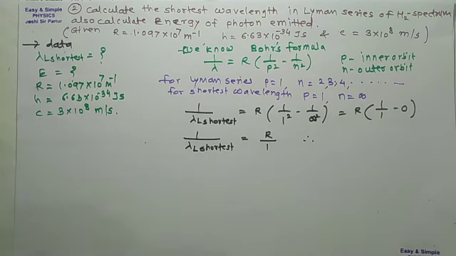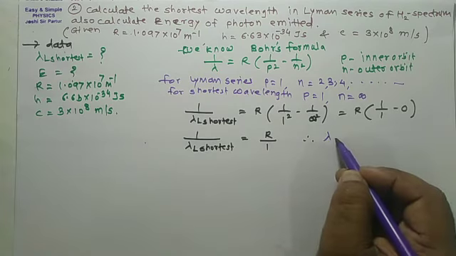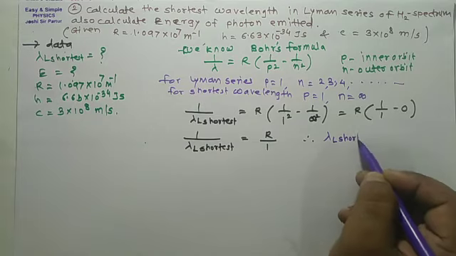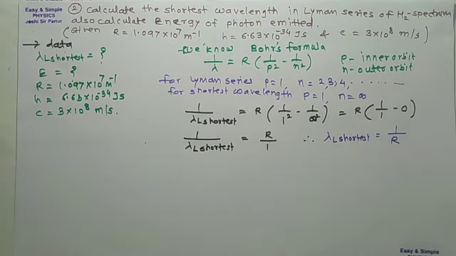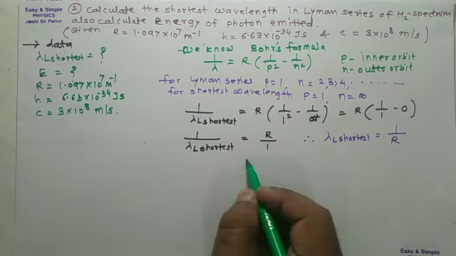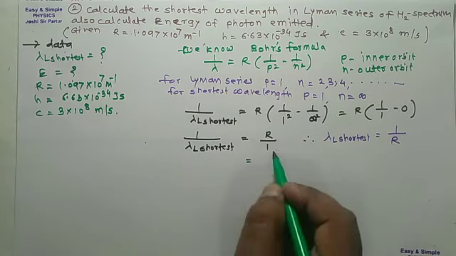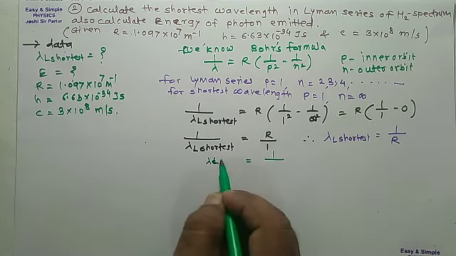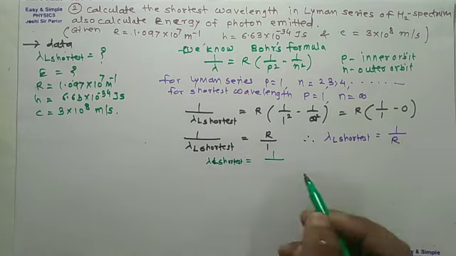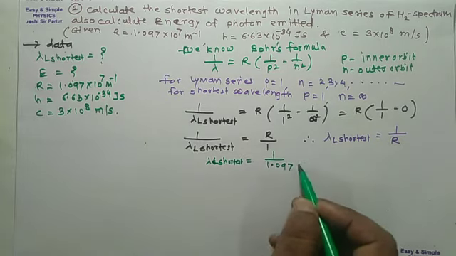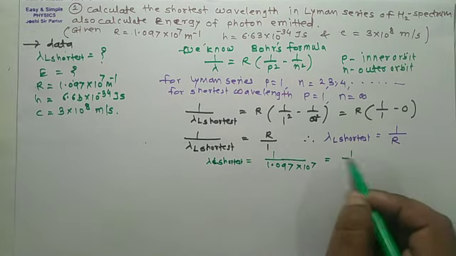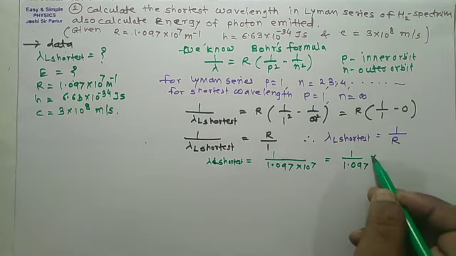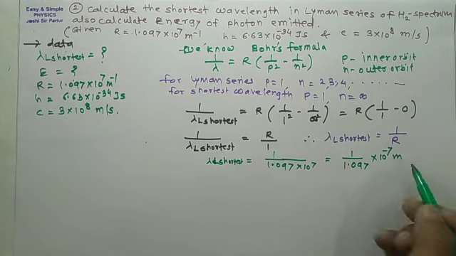Therefore, we can write lambda Lyman shortest is equal to 1 upon R. If we substitute the value of R, lambda L shortest is equal to 1 upon 1.097 into 10 to the power 7, which is 1 upon 1.097 into 10 raised to minus 7 meter.